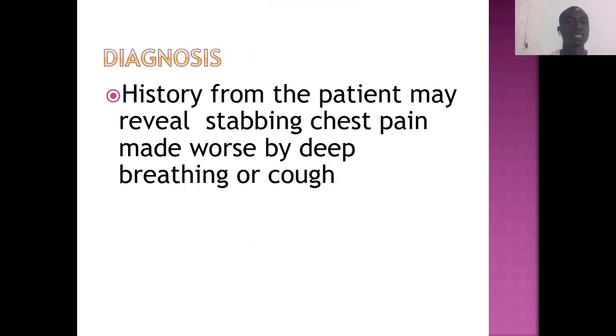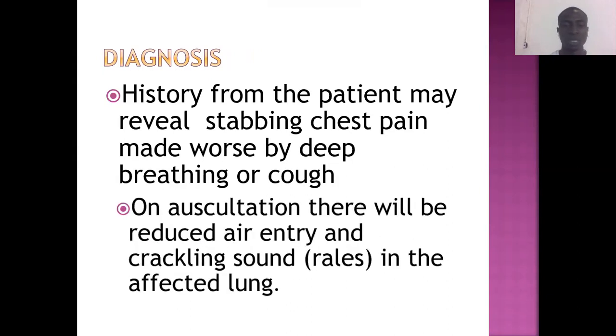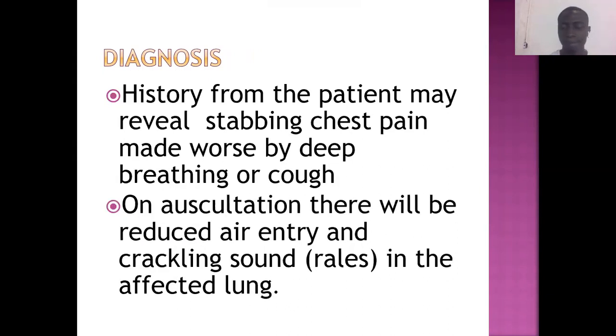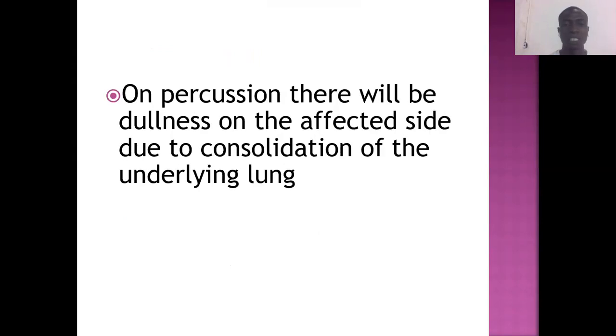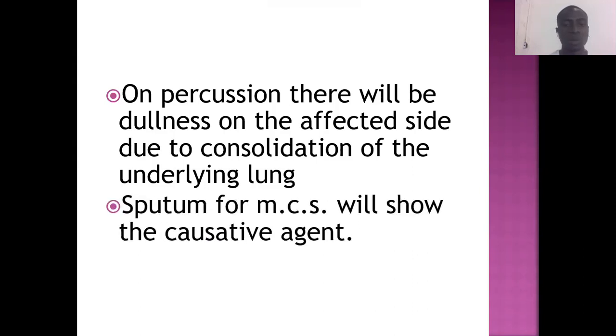Then under diagnosis or investigations, history taking of the patient may reveal a stabbing chest pain made worse by deep breathing or cough. On palpation, there will be dullness on the affected side due to consolidation of the underlying lung. You do a sputum microscopic examination to show the causative organism, especially when it's caused by bacteria.